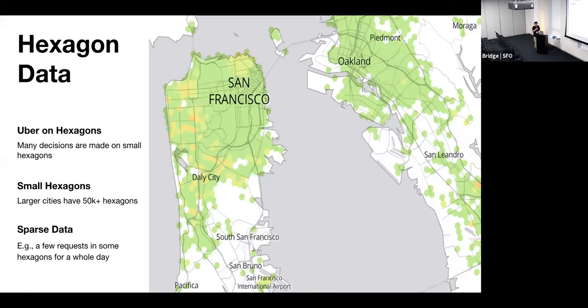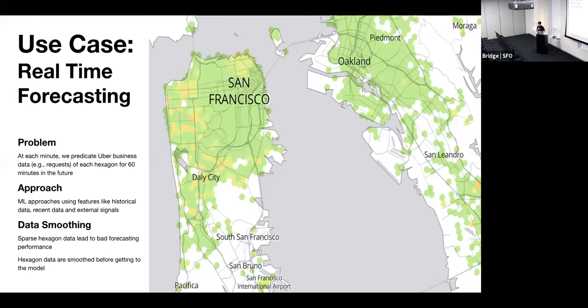Because I'm from the forecasting team, next I'm going to talk about the data sparsity issue in the forecasting problem. For the sake of time, I'm not going to get into the detail of real-time forecasting. Let me just give you a very high-level overview of the problem and how we try to solve it. At Uber, we want to predict the future.